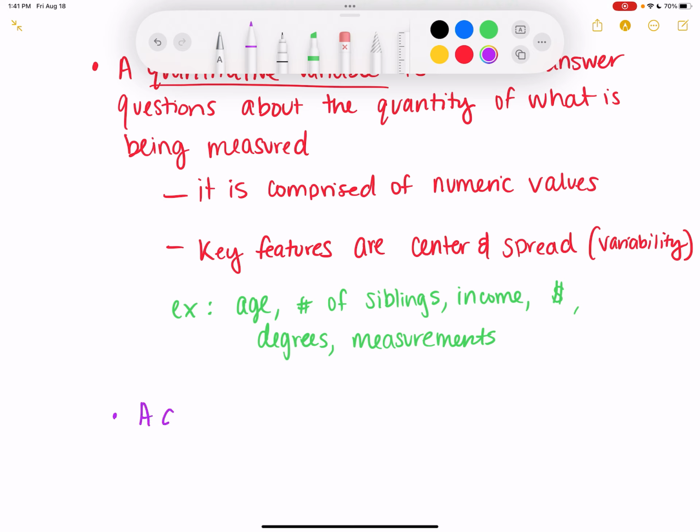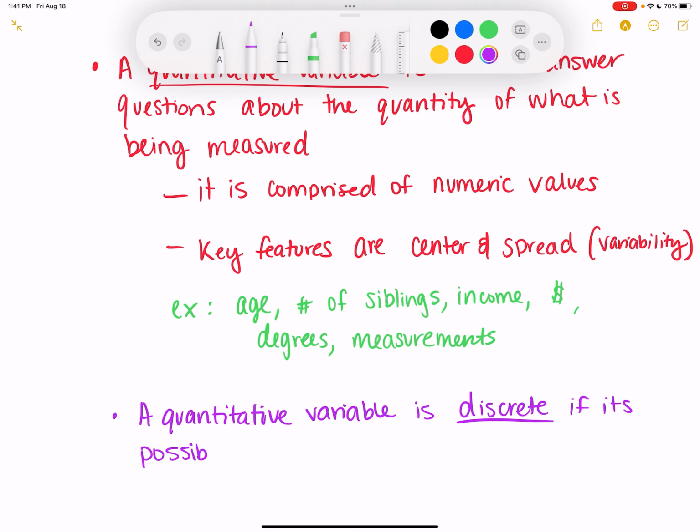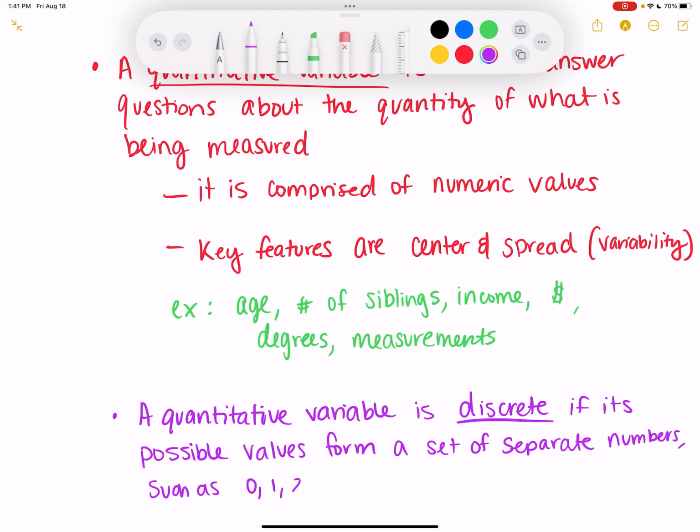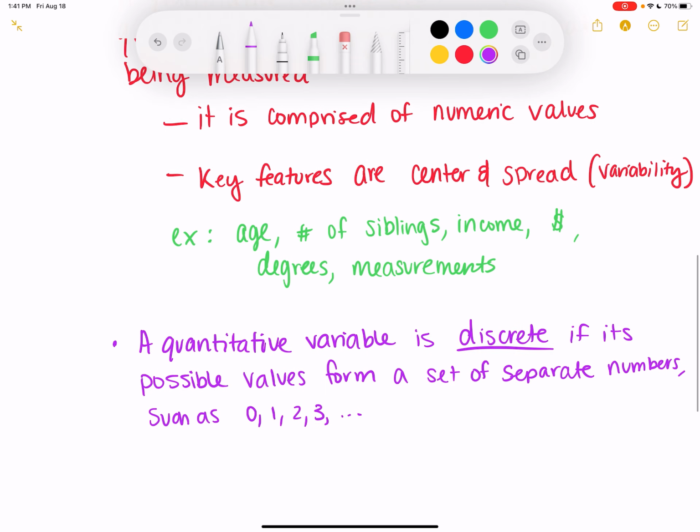So a quantitative variable is discrete if its possible values form a set of separate numbers such as 0, 1, 2, 3, and so on and so forth.